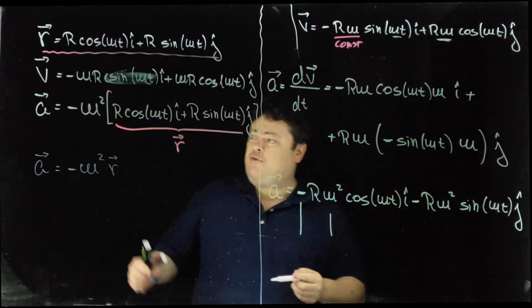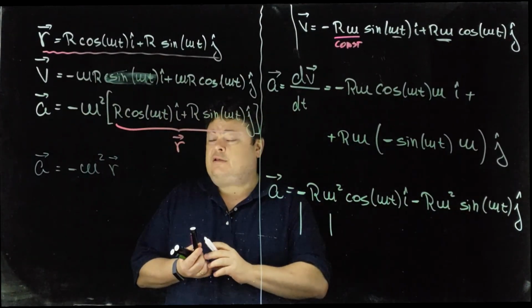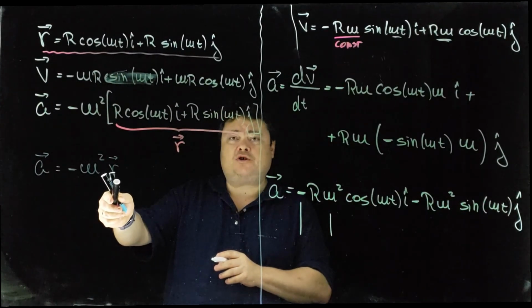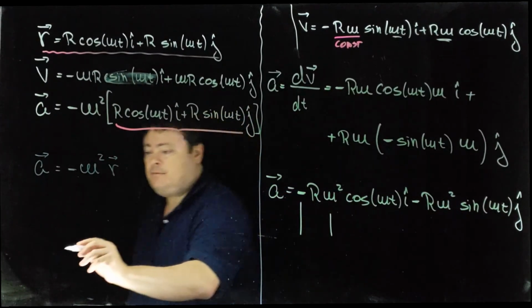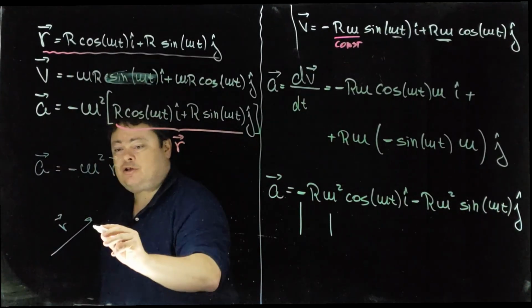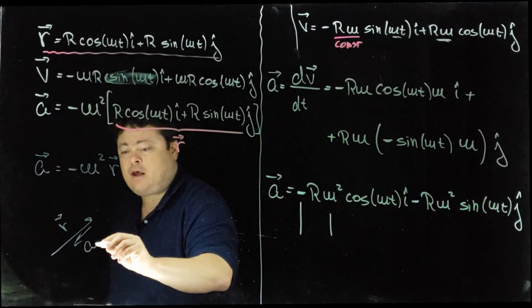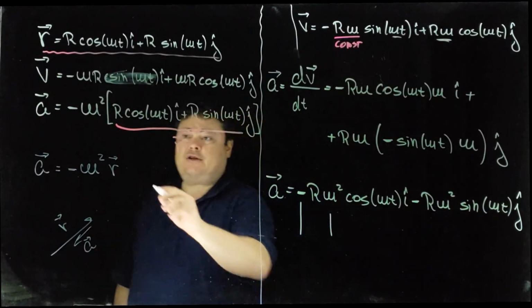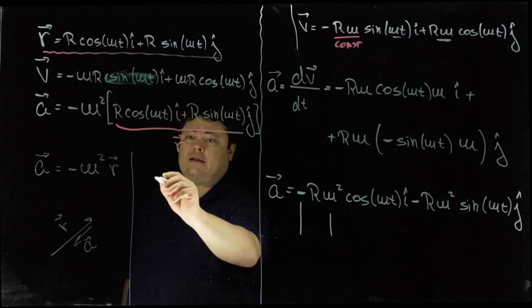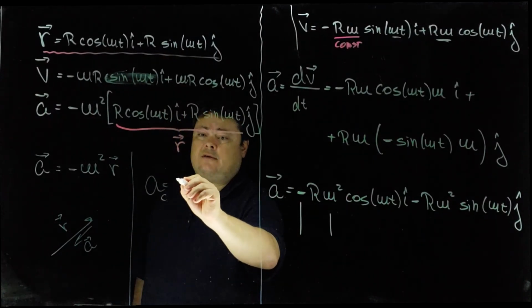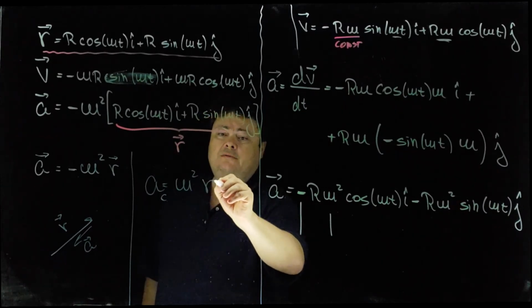In terms of direction, this tells me that that acceleration is centripetal because the vector position r is radial outside, and my acceleration being negative, that needs to be radial inside, which means centripetal. And in terms of magnitude, I have that the centripetal acceleration is omega squared r.